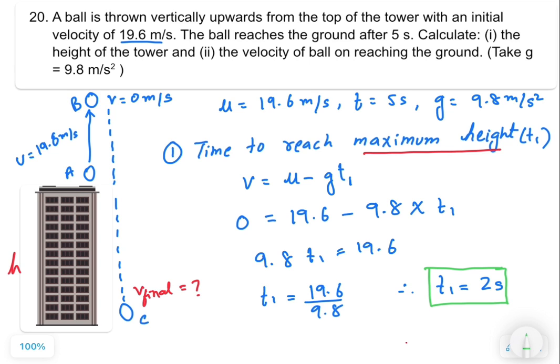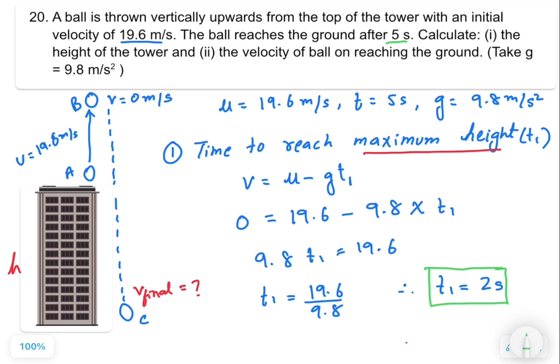Okay, now let's find the time to fall back. So the time to fall back would be 3 seconds. See, total time of journey is 5 seconds.